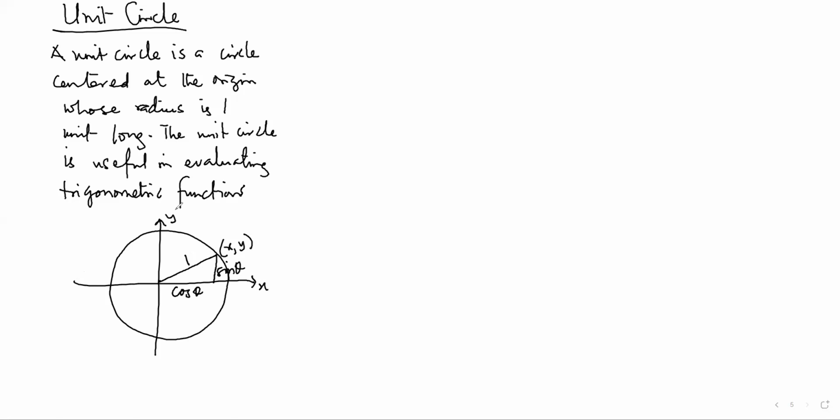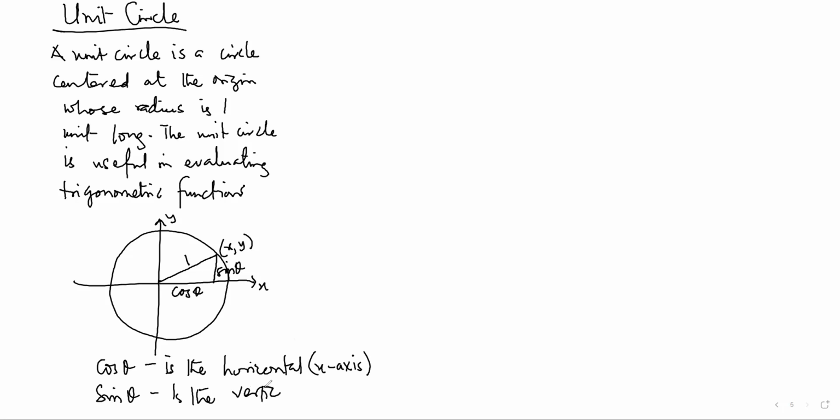So in the unit circle, cos theta is the horizontal x-axis, and sine theta is the vertical y-axis. Take note of that.